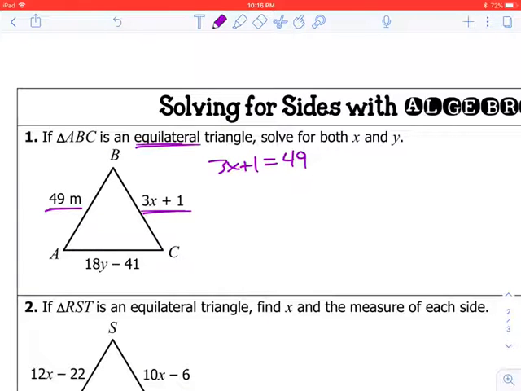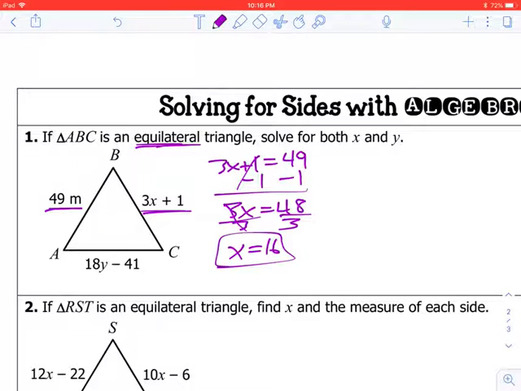Equilateral means the triangle's sides are all the same. So I subtract 1, get 3x equals 48. And when I divide by 3, I get x equals 16. Well, again, if that's 49, now I'm going to go these two. So 18y minus 41 equals 49.